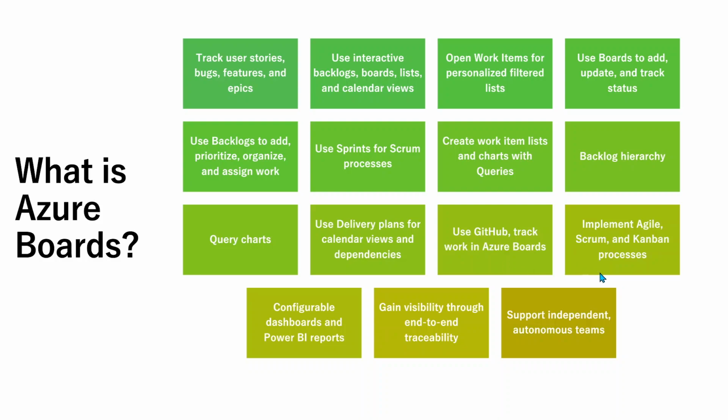All right. Next we have a very important topic: implement Agile, Scrum, and Kanban processes. Okay, so whatever development methodology you're working on, you can use that particular methodology here and implement it in Azure Boards. Okay, so it is scalable across different development methodologies too.